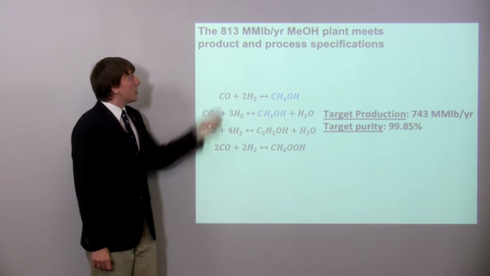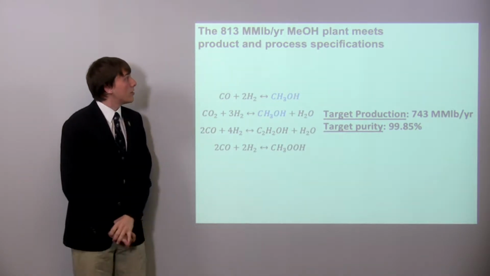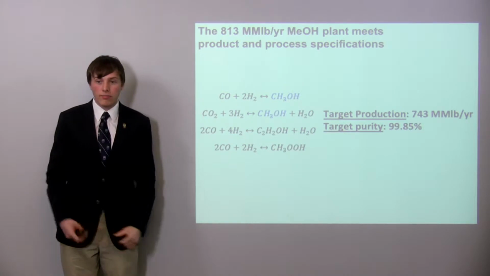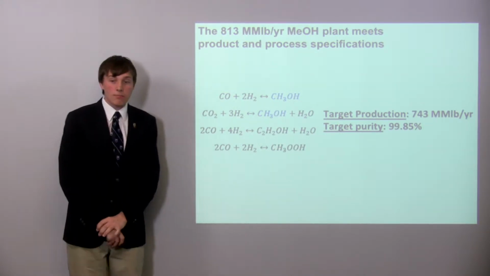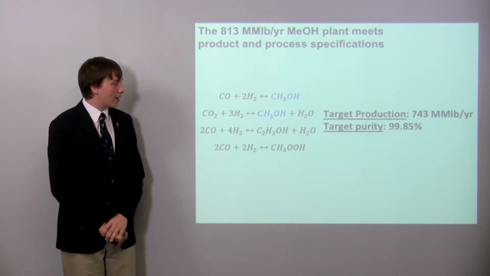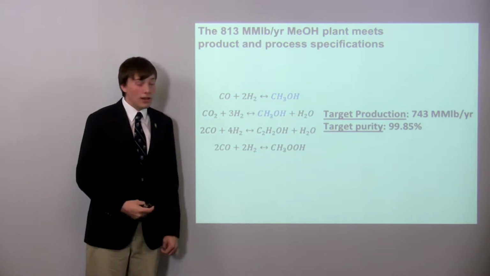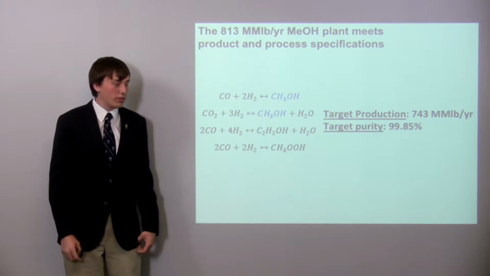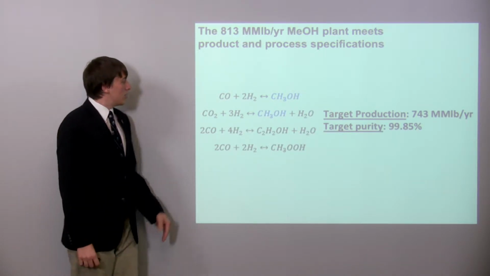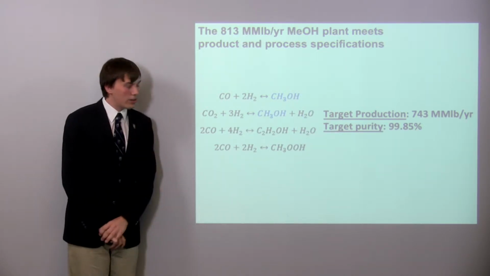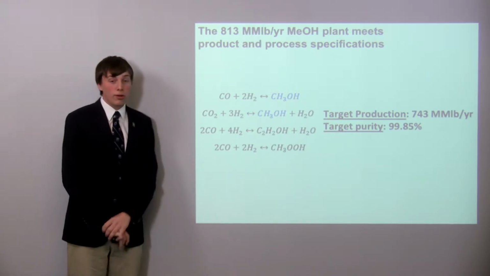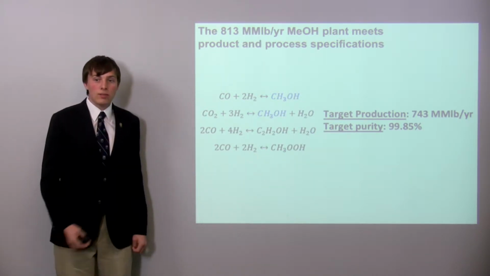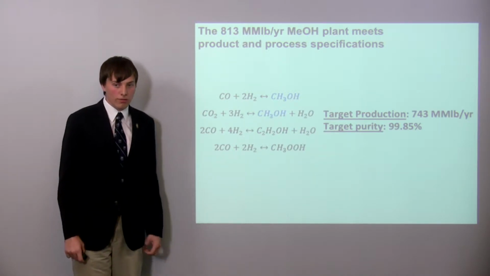As you can see from our current value of 813 million pounds per year of methanol production, we are producing methanol at a better rate than our spec. The target purity is 99.85%, and we are accomplishing that. You can see these 4 reactions that are occurring in the methanol reactor. 2 of these form byproducts, one being ethanol and the other being methylformate.